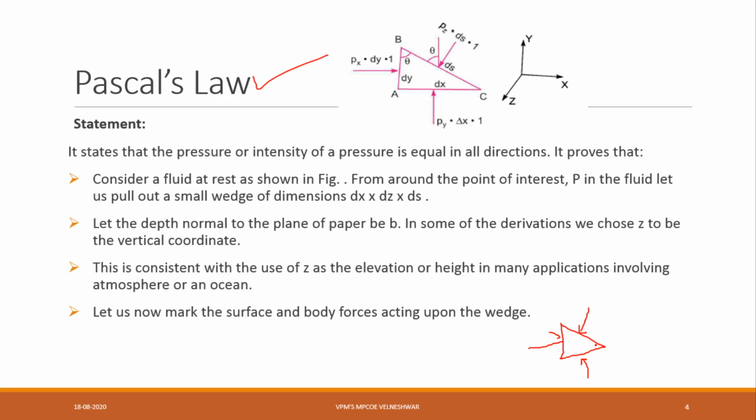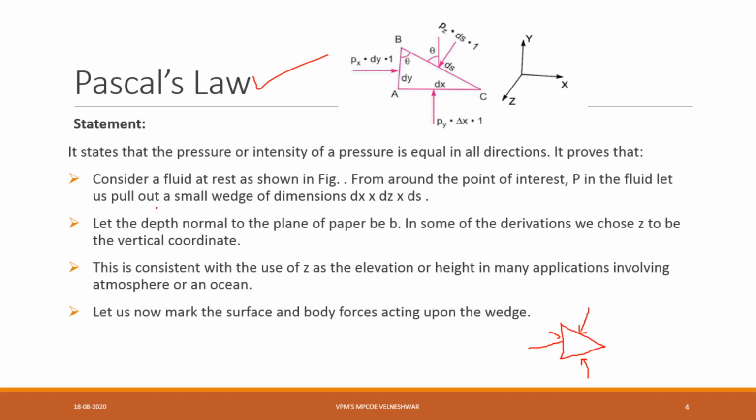How it is equal in all directions, we have to see in the derivation and prove it. Pascal's law says that pressure or intensity of pressure is equal in all directions. So we have to prove whether Px is equal to Py is equal to Pz.